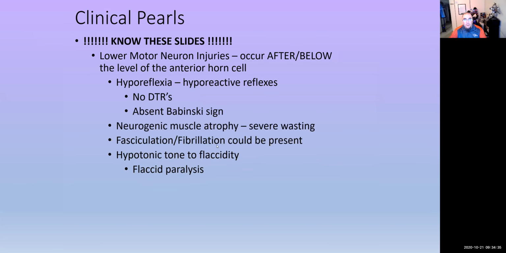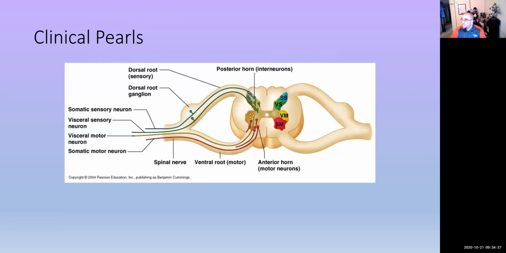Now, lower motor neuron injury, again, going back to this beautiful picture, lower motor neuron injuries occur either here or after the anterior horn cell. So I'm going to use myself as an example here. Initially, when I had my spinal cord injury, right? So here's my vertebrae laying over it.